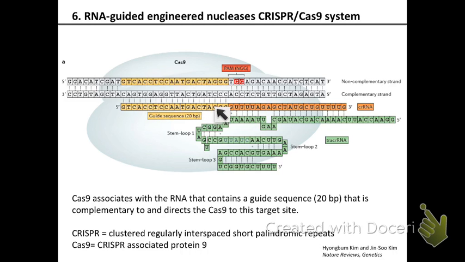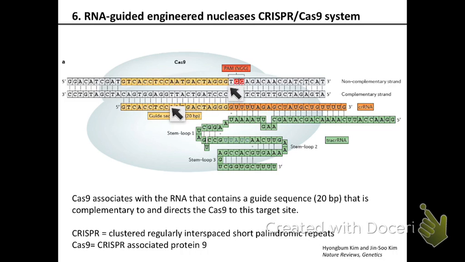Now, when it finds this guide sequence, it can actually bind to this DNA by forming this complementary annealing, so that you're going to basically have a bubble here, right? And instead of this DNA sequence being in complex with the other strand of DNA, it's going to get into a complex with the RNA that is associated with Cas9.